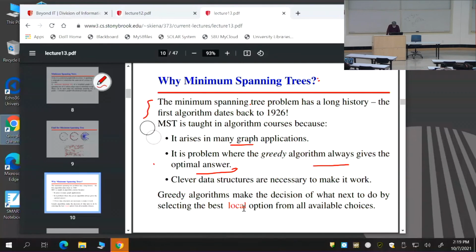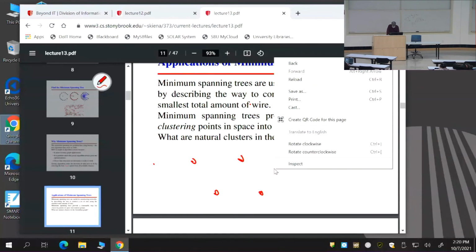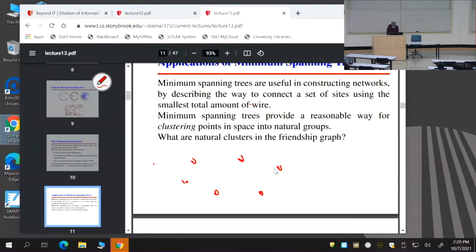But let me give you some kind of ideas why finding the minimum spanning tree is a useful thing. Suppose you work for the cable television company. And you have a bunch of houses, and you want to connect them to get cable.